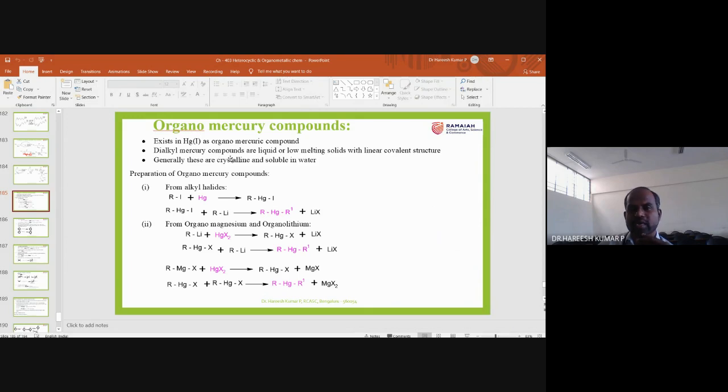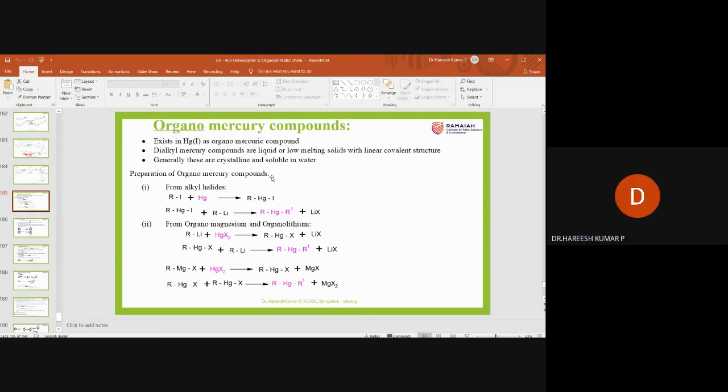Generally, these are crystalline and soluble in water. So organic compounds, more particularly alkyl mercury compounds, are crystalline and soluble in water.